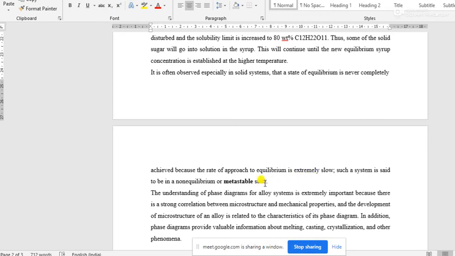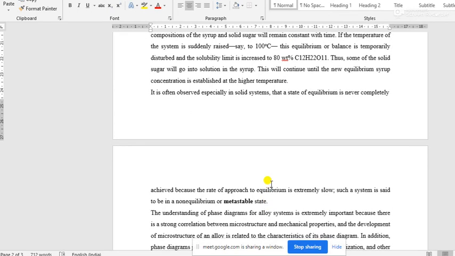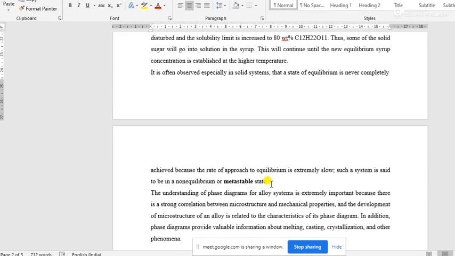Those types of systems or states are called metastable states or metastable conditions. Metastable conditions are nothing but when the phase equilibrium is not achieved after a long amount of time.